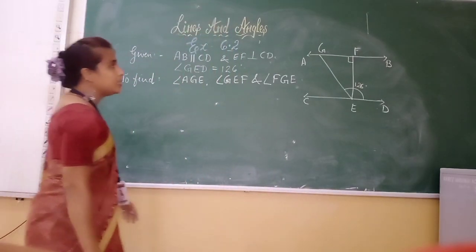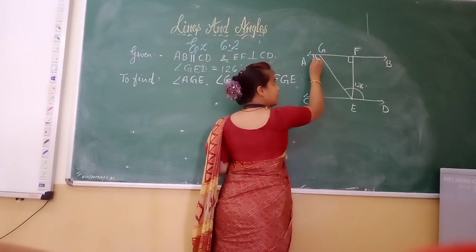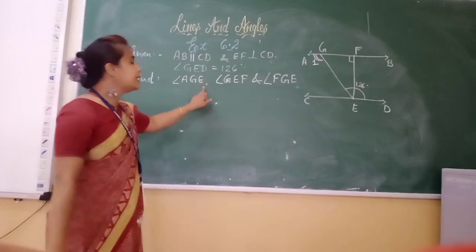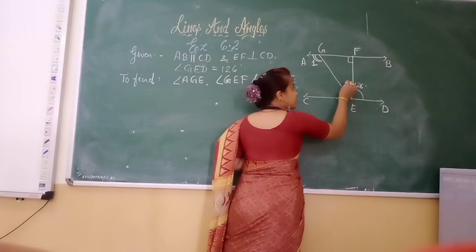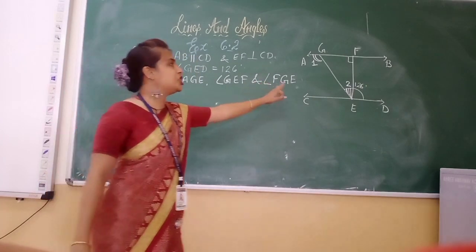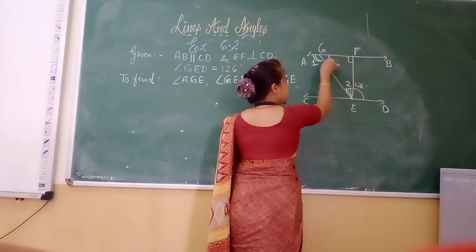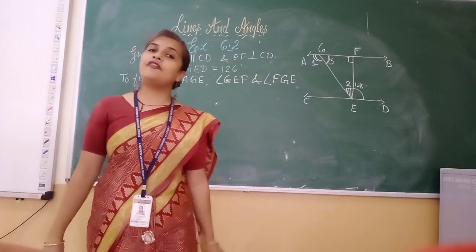Angle AGE means this angle, first one. Angle GEF, this part, second one. And angle FGE means this part, third angle. ये तीन वैल्यूज हमें फाइंड करनी है.